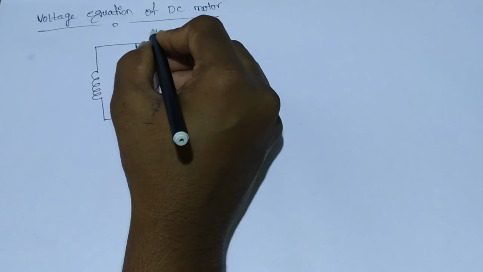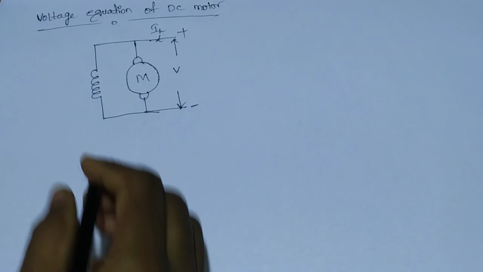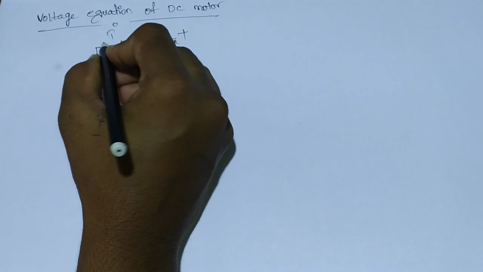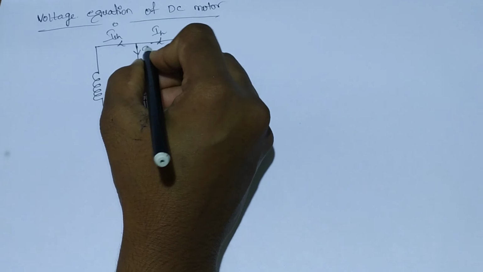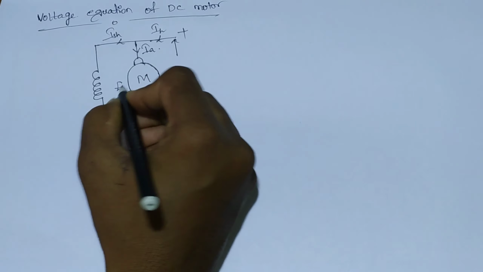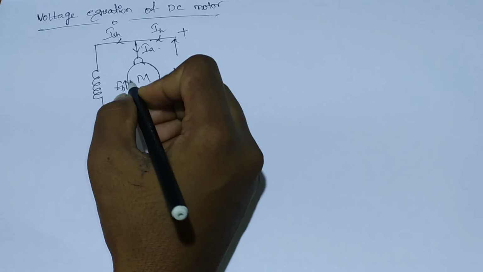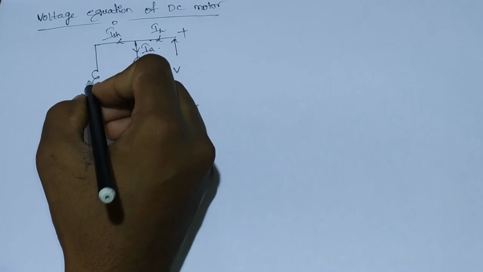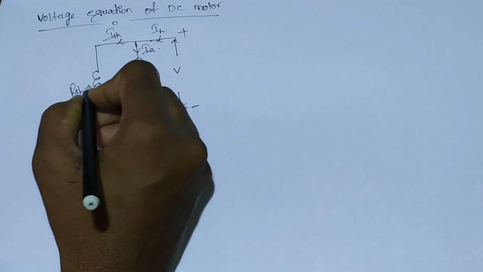This is the line current IL, and next this is the shunt current ISH. This is the armature current IA, and so back EMF EB is developed, and this is the shunt field resistance RSH.